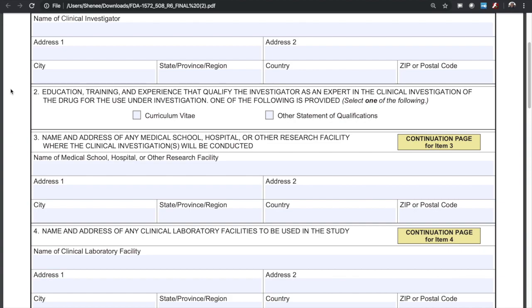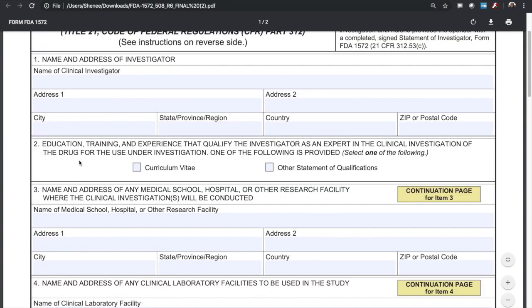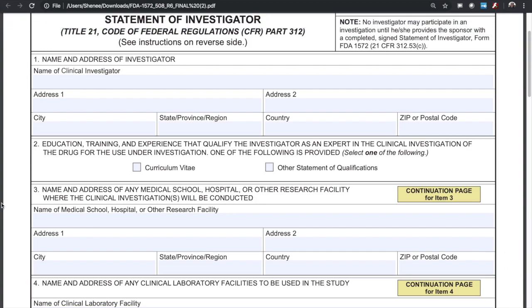Okay, so investigator in this sense is typically going to be someone with an MD or a DO. Okay. Then you have box 3, which is the name and address of any medical school, hospital, or other research facility where the clinical investigation is going to be conducted. So this is where the patients will actually be seen, which is separate from where the investigator may be. Or these addresses could be exactly the same. A lot of principal investigators or just physicians in general usually have different appointments and different obligations.